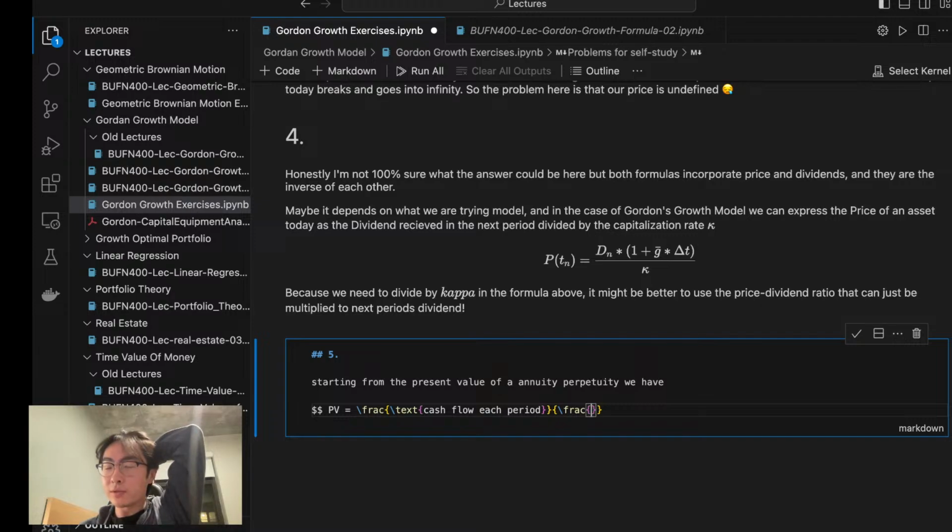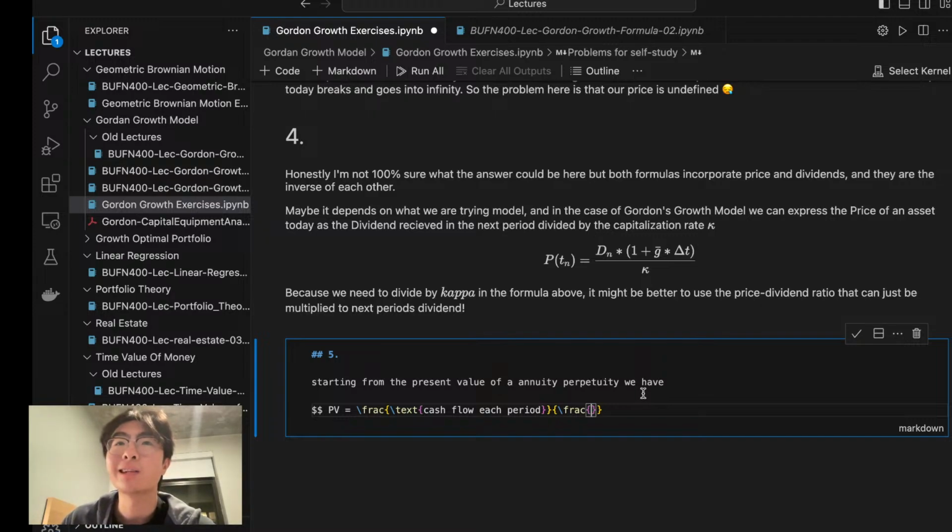Present value of strips of dividends, so D1 times. Man, yeah, what is a strip?